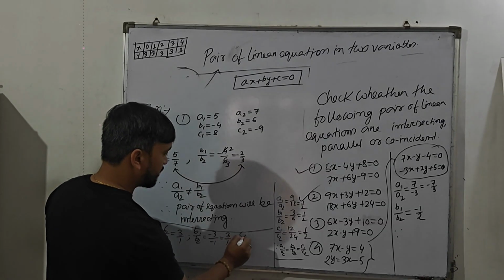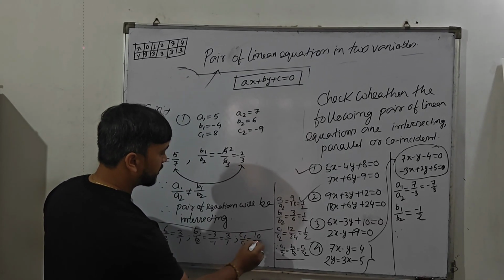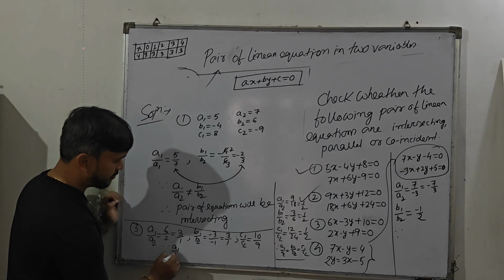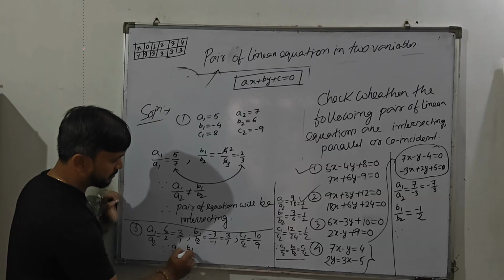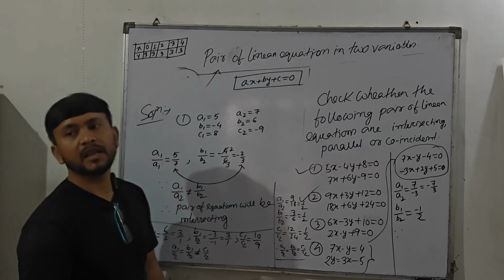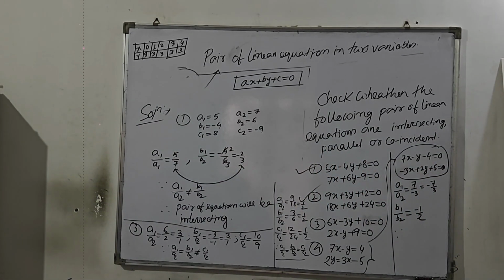Then c1 by c2, 10 by 9. So a1 by a2 is equal to b1 by b2. It is not equal to c1 by c2. Therefore parallel lines. No solution.